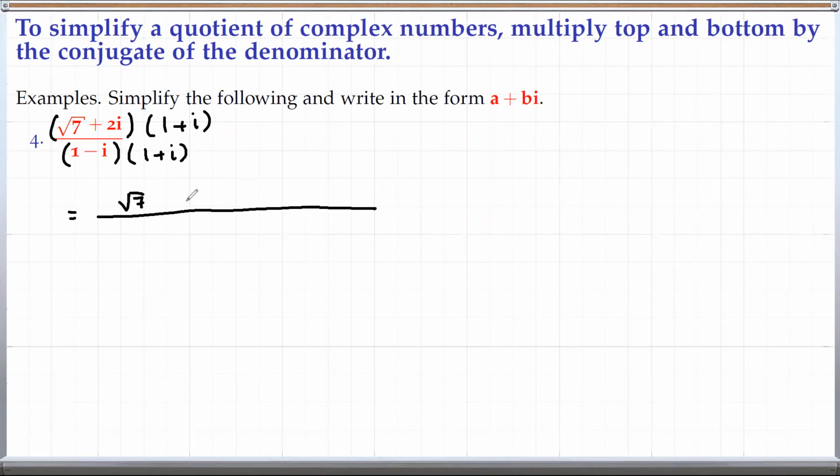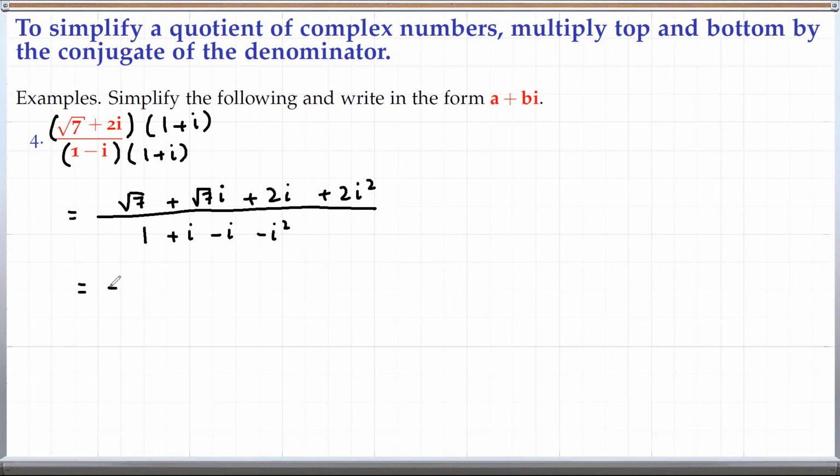Square root of 7 times i is square root of 7i. 2i times 1 is 2i, and 2i times i is 2i squared. 1 times 1 is 1. 1 times i is i. Negative i times 1 is negative i. Negative i times i is negative i squared.